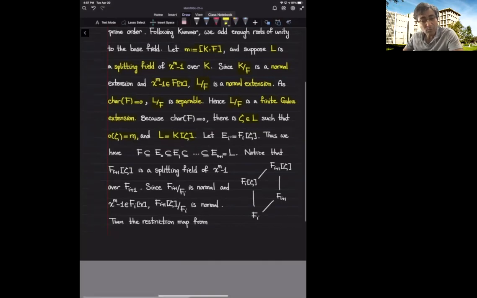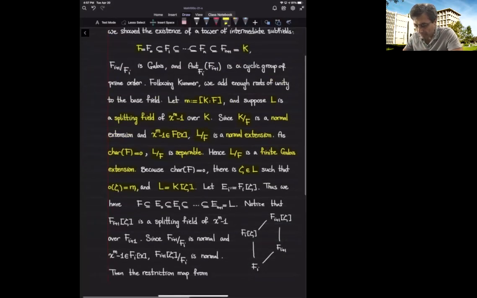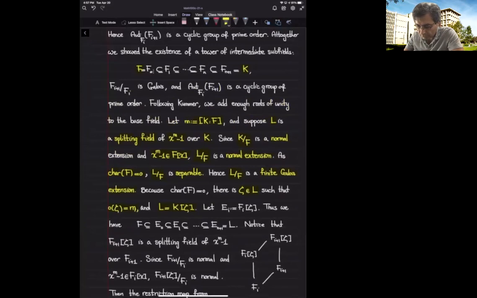Now we are going to add this zeta to all the F_i's that we have up here. So we are going to add it to F sub 0, add it to F sub 1, add it to F sub 2. This way, all these fields are going to have enough roots of unity, with the exception of the F at the beginning of the tower.